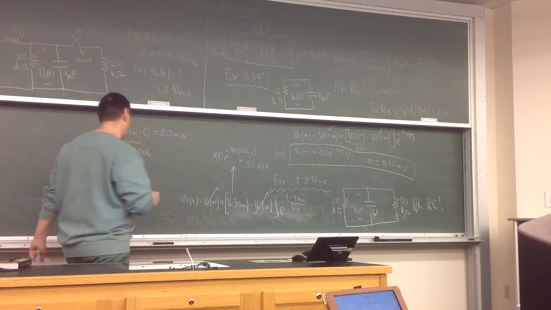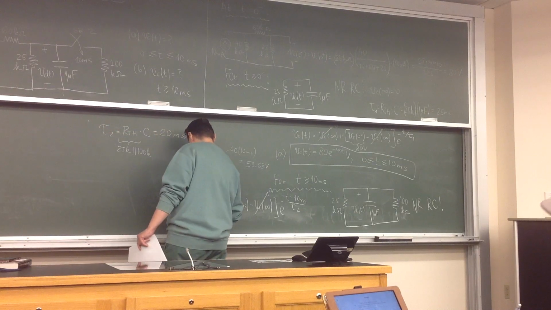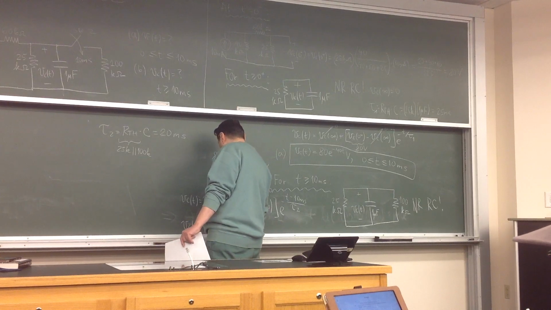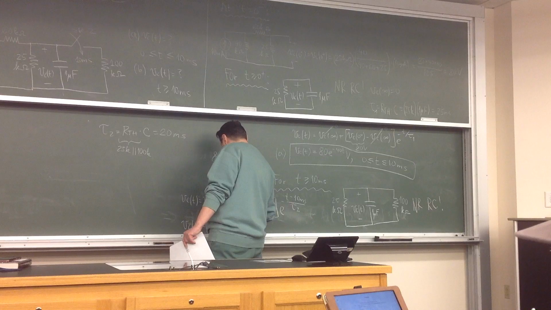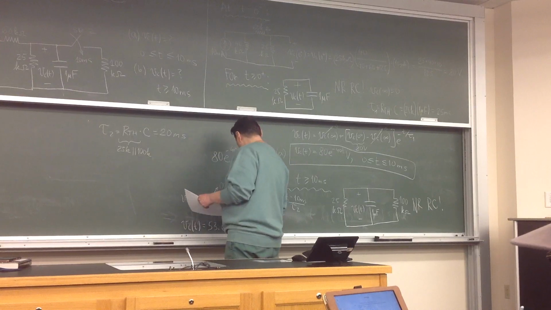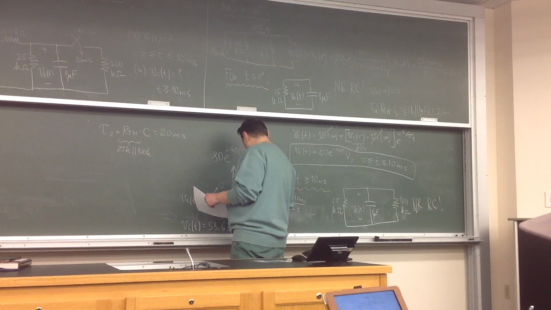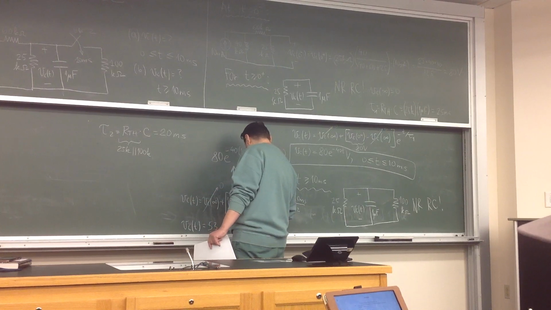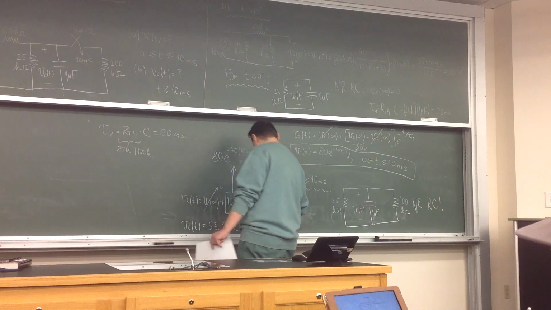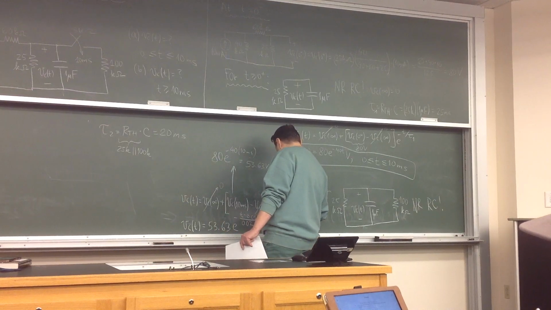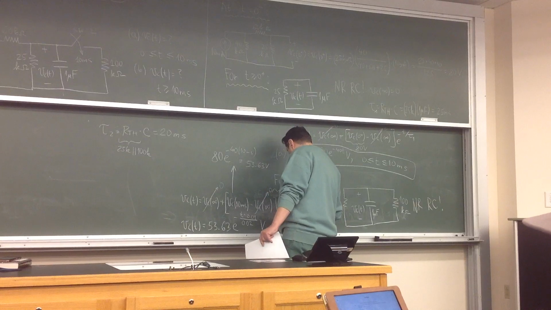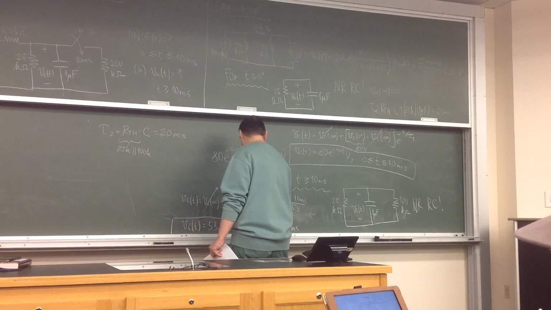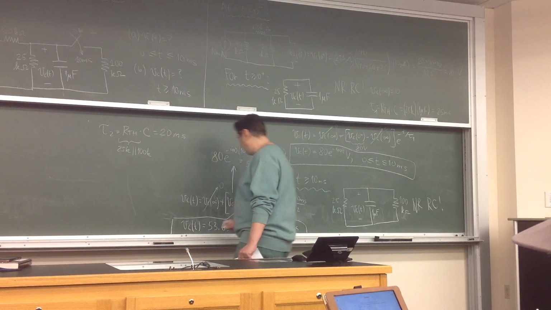And basically that gives you the VC of t, finally, equal to 53.63 e to the minus (t minus 0.01) divided by 0.02 volts for t greater than 10 milliseconds. Answer to part B. Like that.